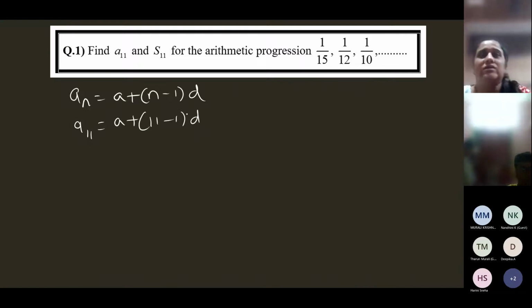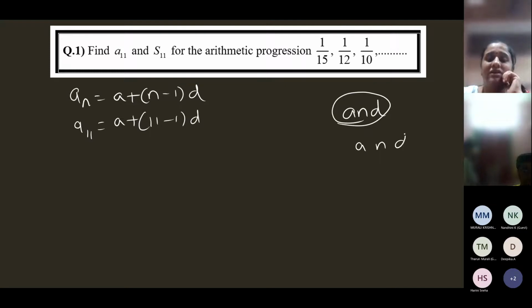Now, to find any answer in arithmetic progression, you need to know 3 values. Remember the word and, the conjunction: A and D. You need to know the values of a, n, and d. A is the first term of the AP, d is the common difference, n is the number of terms.